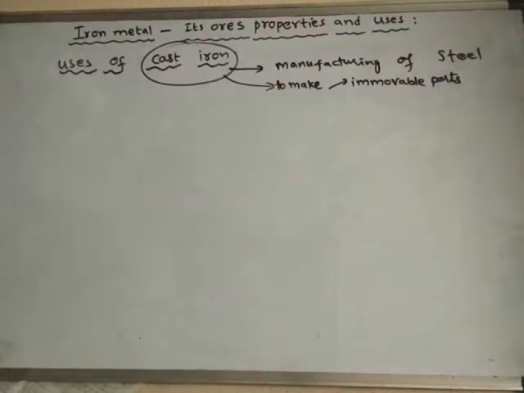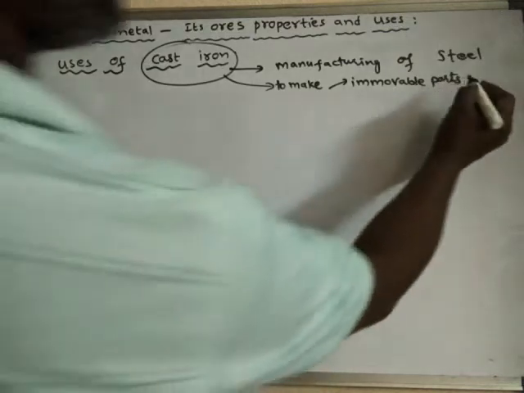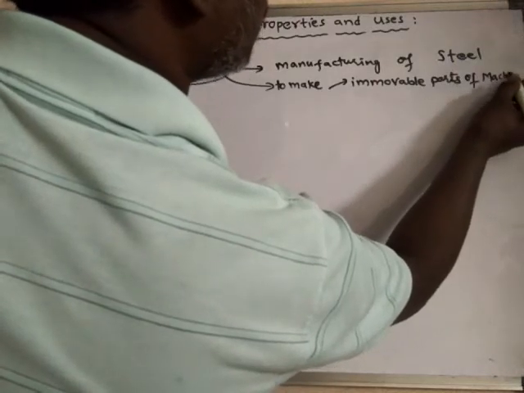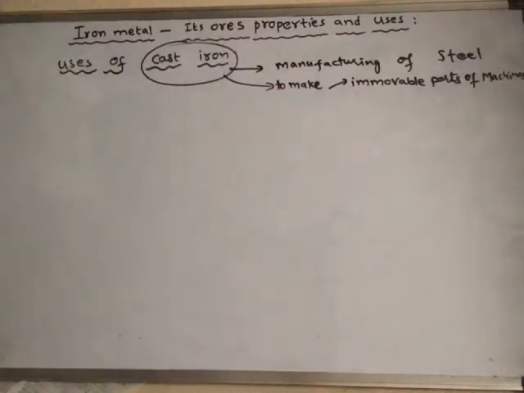So those parts which we don't generally move, the immovable parts of machines, are made from cast iron. Movable parts cannot be made from cast iron because they may break if some force is applied on them, because cast iron is brittle.